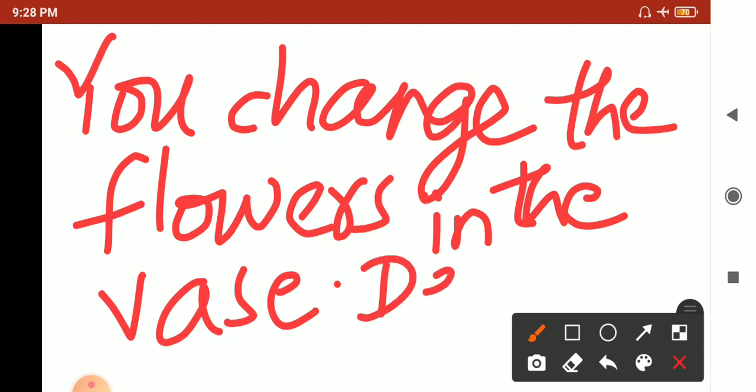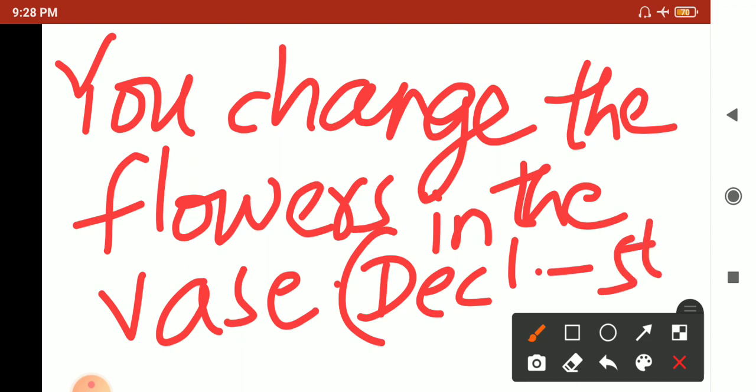So the structure of the sentence is declarative and the function is statement. Do you agree? I am writing short forms. Please try to understand them. So DECL stands for declarative. The structure of the sentence is of declaration and the intended function of the sentence is statement. It is a plain statement. Someone has made this sentence. Statement. You change the flowers in the vase.